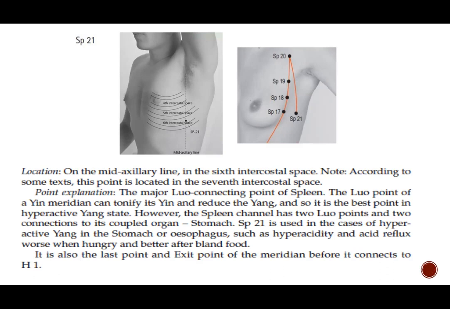However, the spleen channel has two luo points and two connections to its coupled organ, the stomach. Spleen-21 is used in cases of hyperactive yang in the stomach or esophagus, such as hyperacidity and acid reflux, worse when hungry and better after bland food. It is also the last point and exit point of the meridian before it connects to Heart-1.